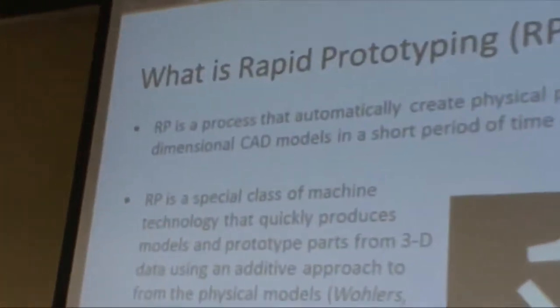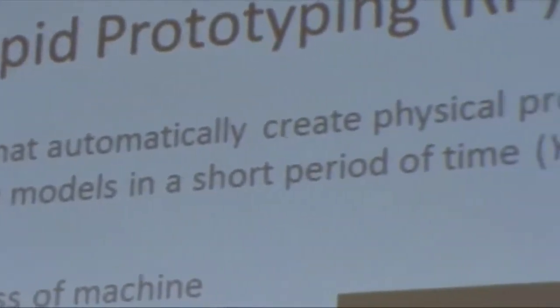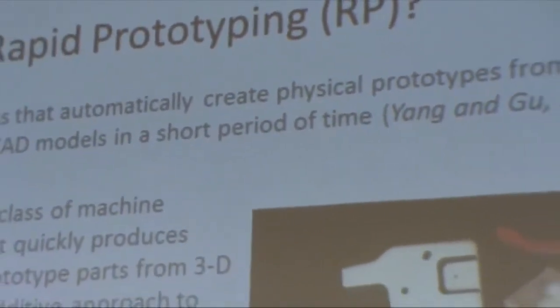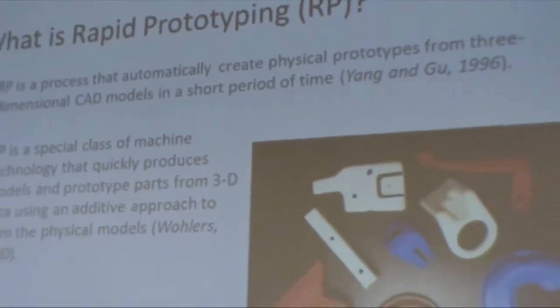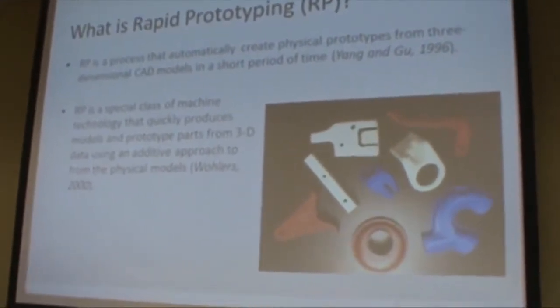Okay. So we have learned a little bit about RP from this definition, but I'm going to go into some more detail on why this technology is important, why we need to know about it.